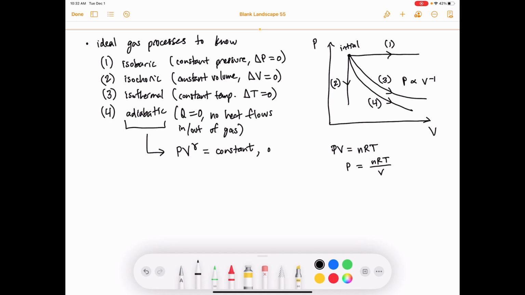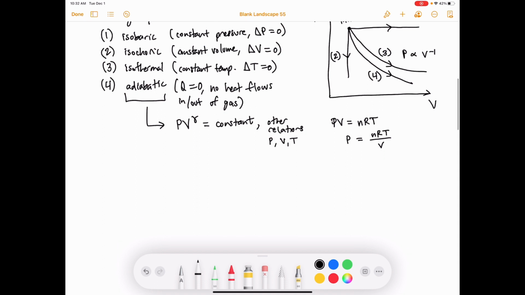And there are other relationships to know between pressure, volume, and temperature, but this is just one of them. Okay, so just make a note that there are other adiabatic relationships between pressure, volume, and temperature that you should know about. Now, what is this gamma thing anyways? Well, that takes us to degrees of freedom.